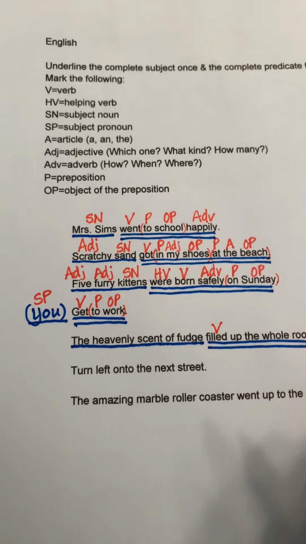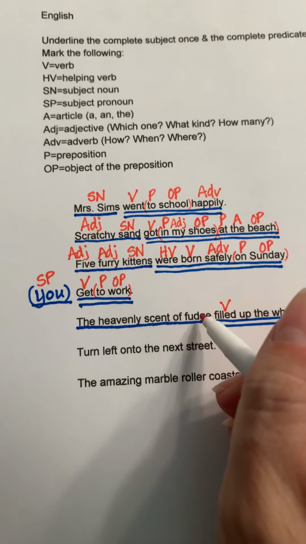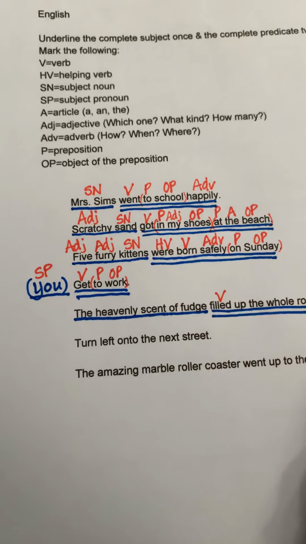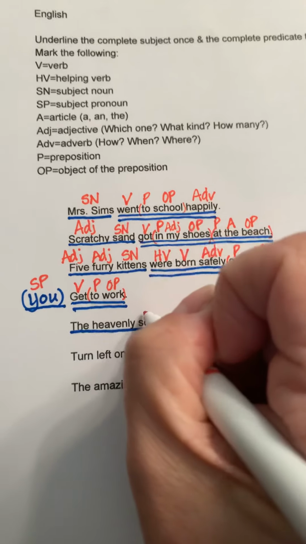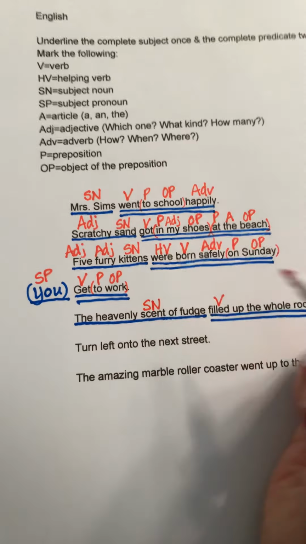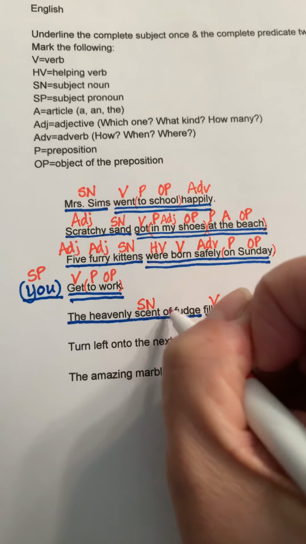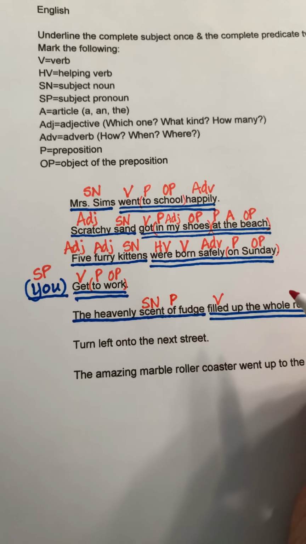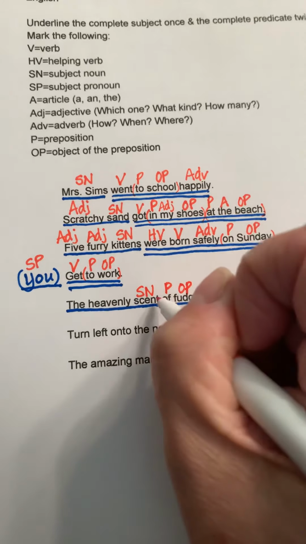Filled is a verb. And then what filled? Now this one's a little tricky because you might want to say, well, fudge filled. But the fudge didn't fill up the room, the scent did. So scent is our subject noun. And then you see this of is one of our little preposition words. Then of what? Fudge.